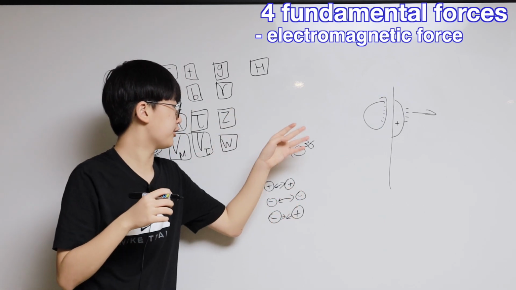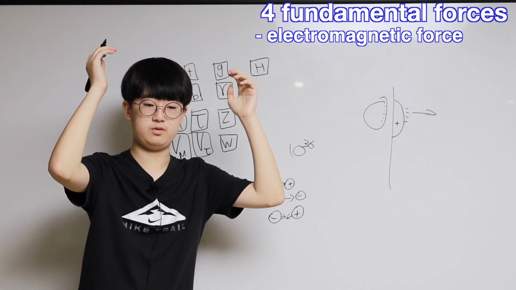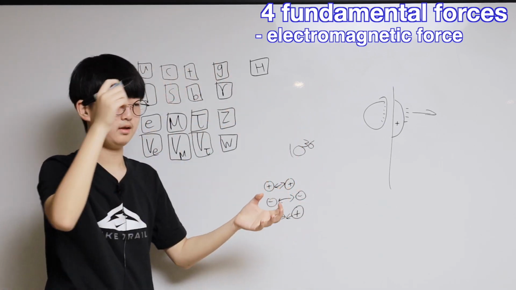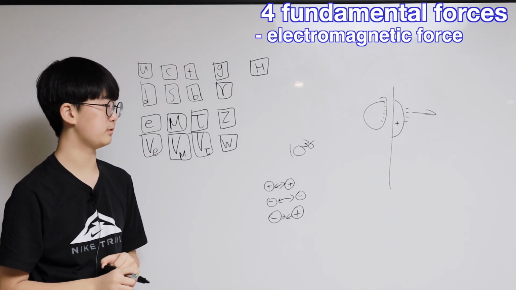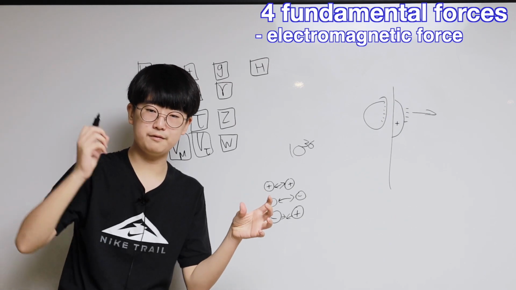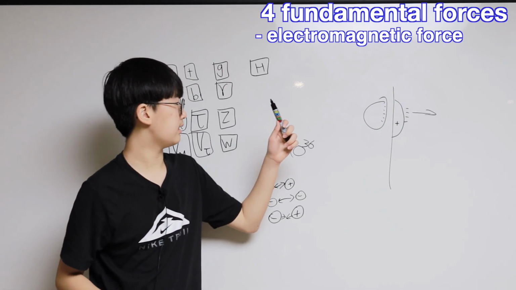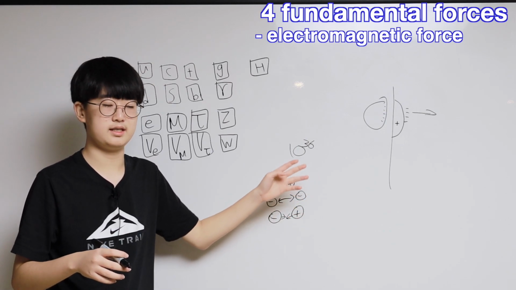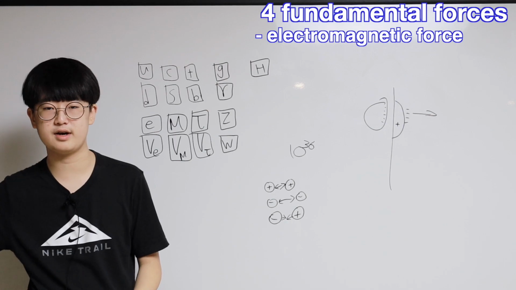But if you measure it, the exchange of electrons that happens between your hair and the balloon is very minuscule. I mean, electrons move only a very, very little bit from the hair to the balloon, but it still manages to stick onto the wall. That is because electromagnetic force is so much stronger than gravity.